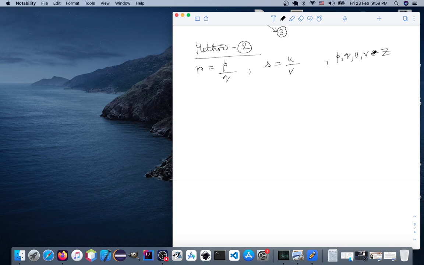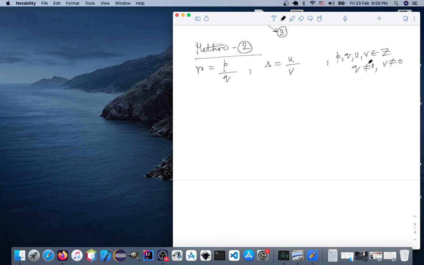This symbol means it belongs to the set Z. Z means the integers, and also V not equal to 0, and Q not equal to 0.